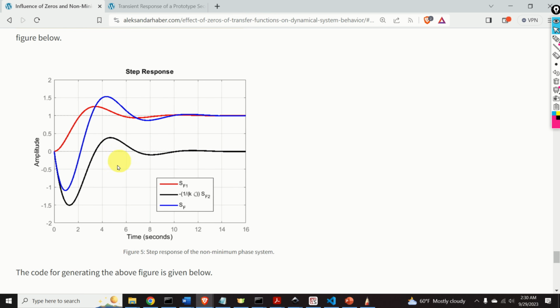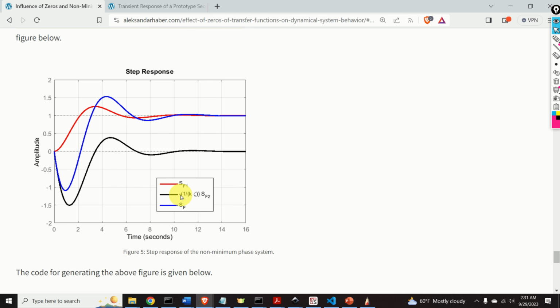And here's the response. The blue line is the system step response. The red line is the response of the part of the transfer function without 0. And the black line is the step response of the part of the transfer function that contains 0.